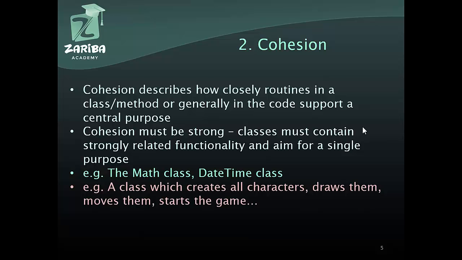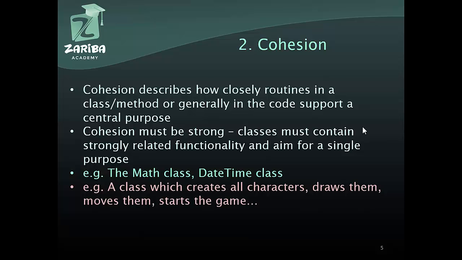So cohesion, or strong cohesion, describes how closely routines in a class, method, or generally in the code support a central purpose. Meaning, what I mentioned with the method that we just did. When you have a class, it has to be for one specific thing.